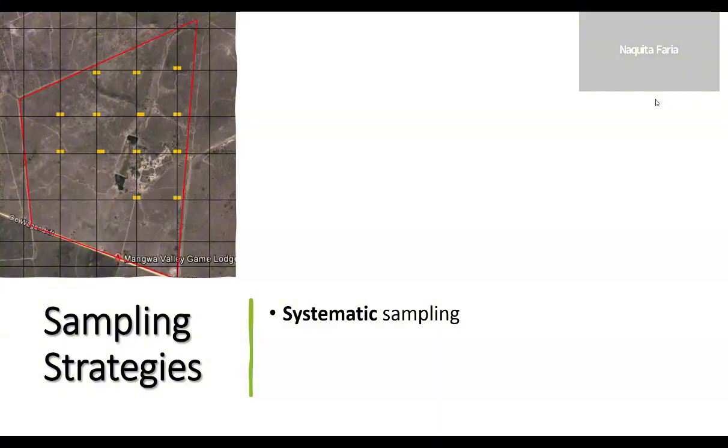We can take each corner of the grid as, let's say, 100 meters. So with systematic sampling, every 100 meters is then surveyed. It can be either plot or quadrats or point-based, but each of those points are then surveyed. So that's systematic. Every single area has exactly the same distance.